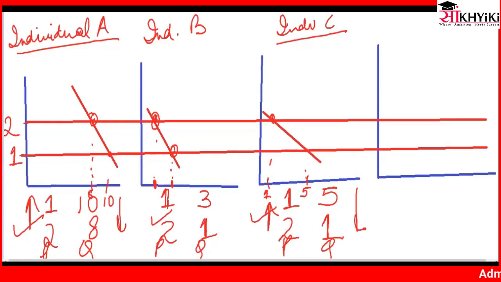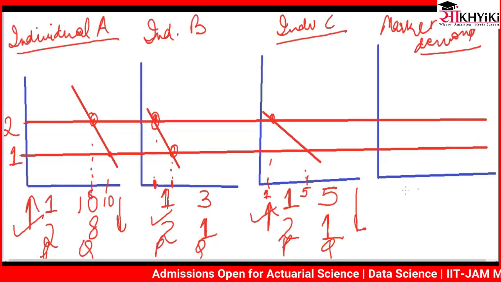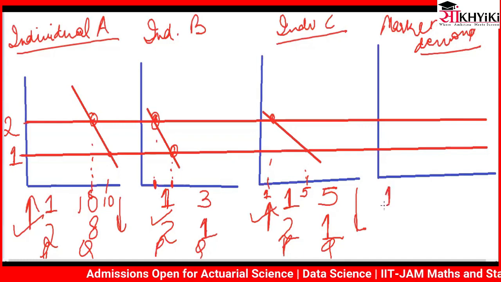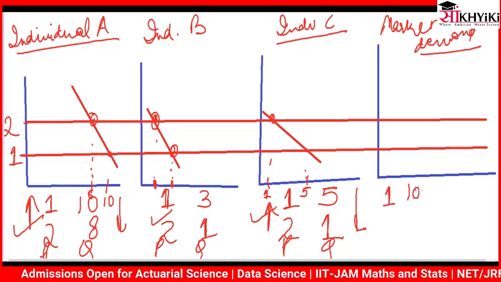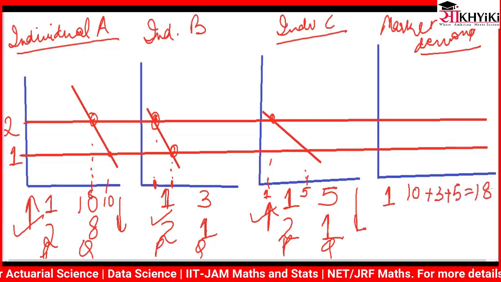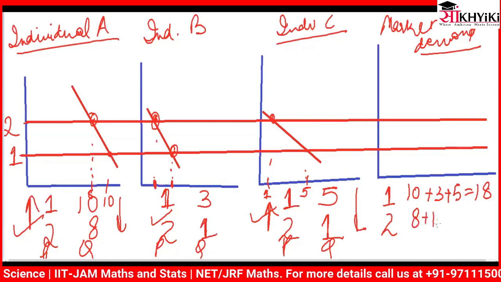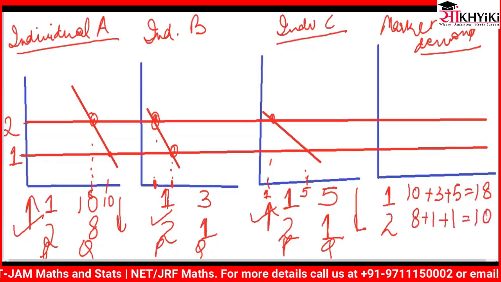So now what I have to do is find out the market demand. To find out the market demand, I'm going to add the 3 demands. So when price is 1, the demand is 10 plus 3 plus 5, so the demand is 18. When price is 2, the demand is 8 plus 1 plus 1, so the demand is 10.